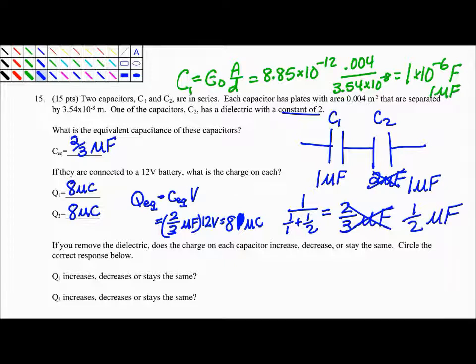So the equivalent capacitance decreases. That means that the equivalent charge decreases. Both of them will have an equivalent charge of actually 6 microcoulombs. So the charge Q1 will decrease and the charge Q2 will decrease. They have the same charge, so they have to both do the same thing if they're going to change.